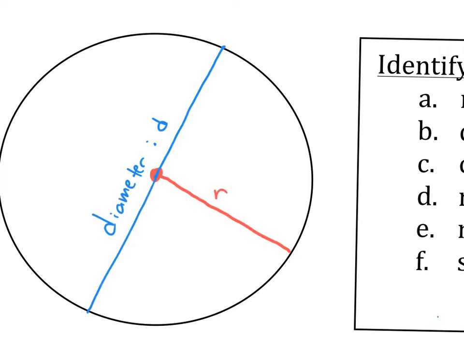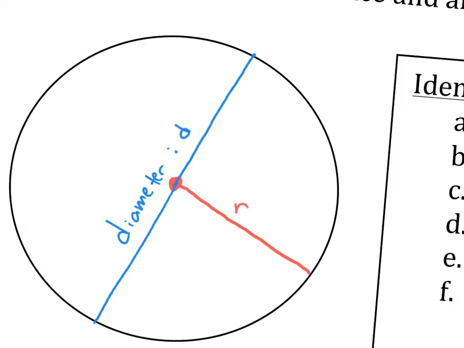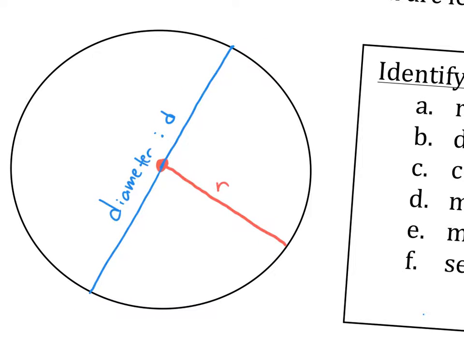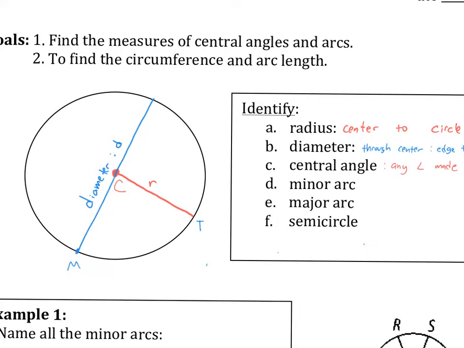If the center is oftentimes just called the letter C, I also want to have some endpoints of the angle. For our sake, we'll say M and T. So the central angle here is angle MCT. We'll unpack that in just a little bit.